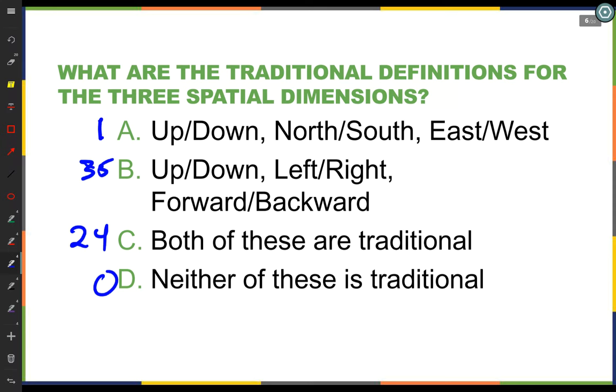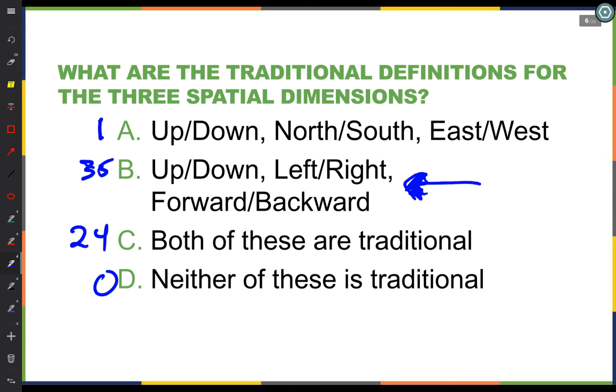In fact, we will very rarely use, I'm just going to go to the correct answer once again, we will very often think about problems this way, but then we will define an X direction for forward, backward, a Y direction for left, right, and a Z direction for up, down.